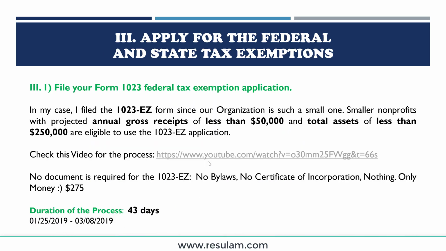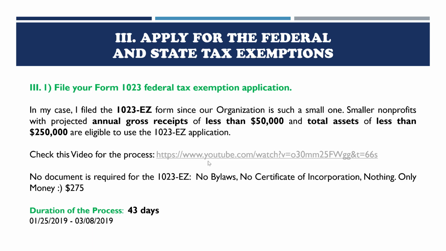Okay, now that your corporation already exists, the next step is to make it tax exempt. That means you don't have to pay any tax on whatever transaction you do.